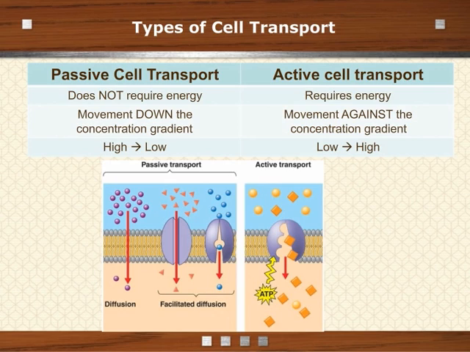Think of it as sitting at the top of the hill on a bicycle. You can coast down the hill without pedaling because you are at the top of the hill. Moving from high to low does not require any energy. You are going down the gradient. The gradient is the hill.